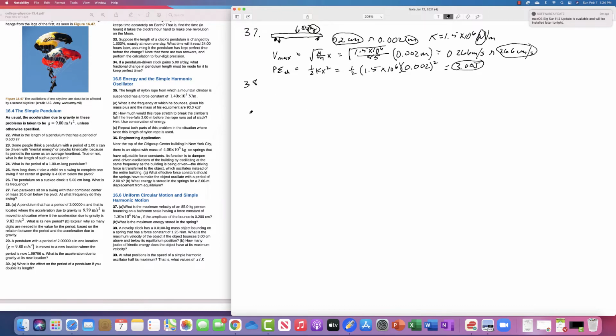Number 38 states, a novelty clock has a 0.01 kilogram mass object bouncing on a spring that has a force constant of 1.25 newtons per meter. What is the maximum velocity if the object bounces 3 centimeters above and below the equilibrium position?